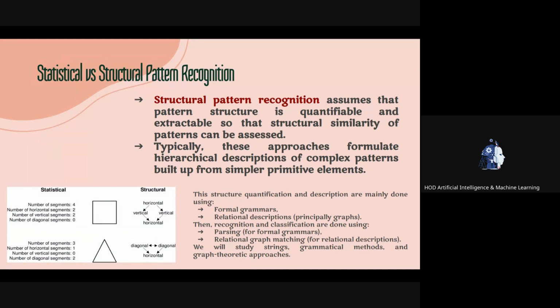So this is a representation of a triangle with the statistical pattern recognition model as features. Whereas here you have 2 diagonals and 1 horizontal. So you have 3 strings to discuss, and with these 3 strings, we'll be able to make some matching.